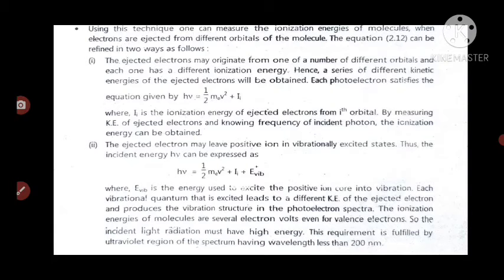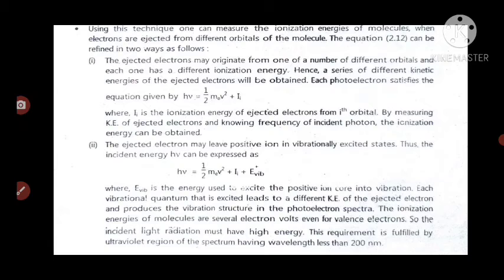These satisfy the equation we have already seen, h nu is equal to half m v square plus I. Here half m v square is the ejected electron's kinetic energy, and I is the ionization energy of the ith orbital, where i is equal to 1, 2, 3 and so on, the orbital number. By measuring the kinetic energy of the ejected electron and knowing the frequency of the incident photon, the ionization energy can be obtained.